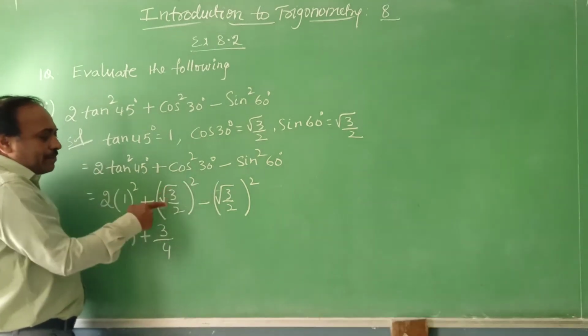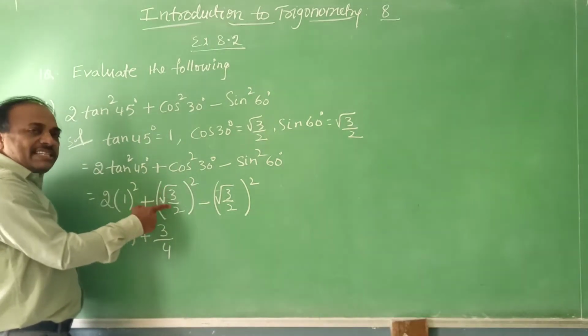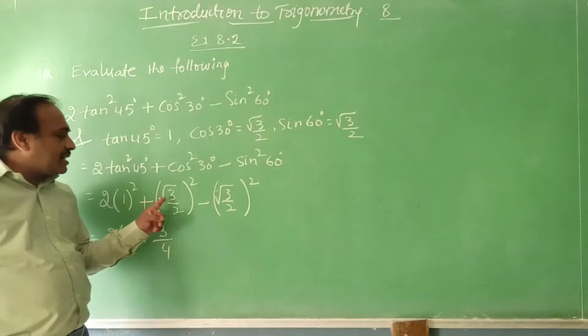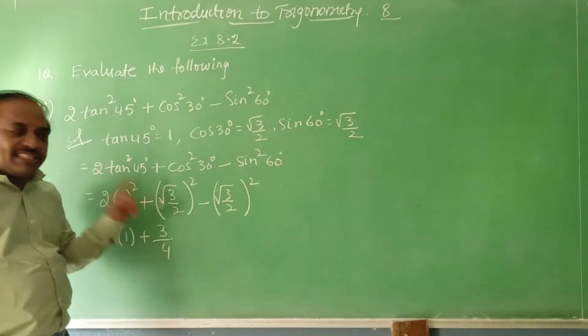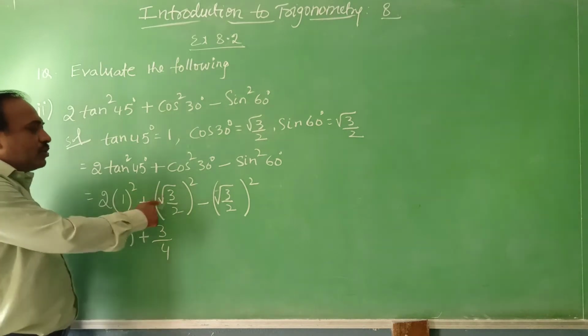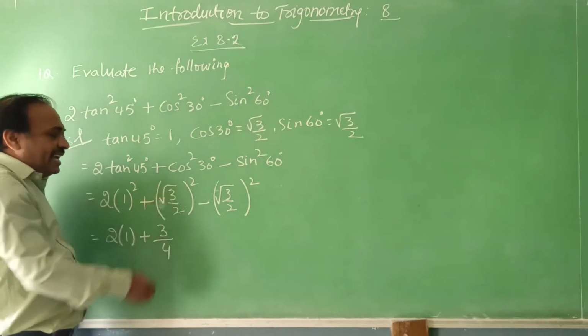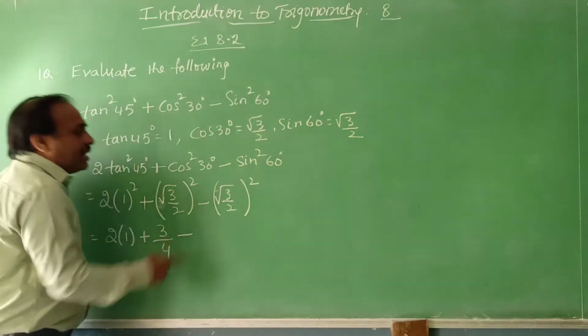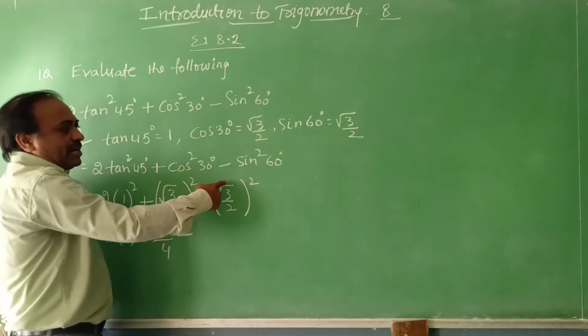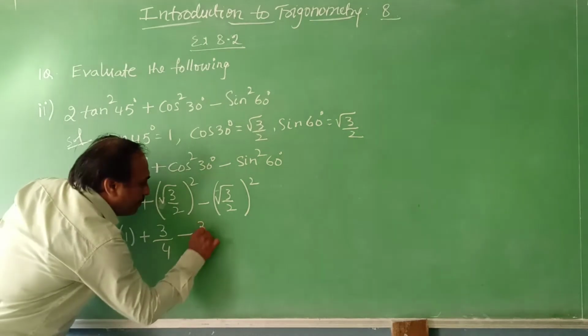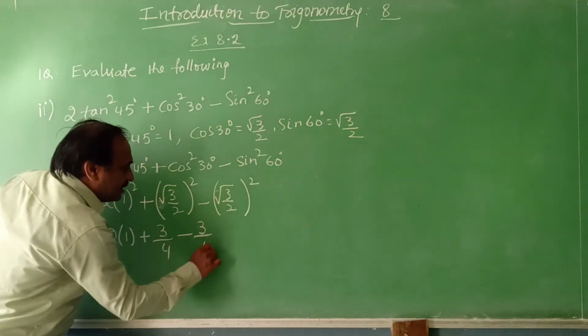Observe it: the square is applicable for both numerator as well as denominator. Square root and square cancel, so 3; 2 square is 4. Similarly for the other one, 3 by 4.